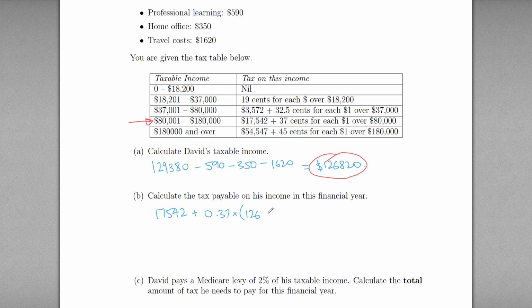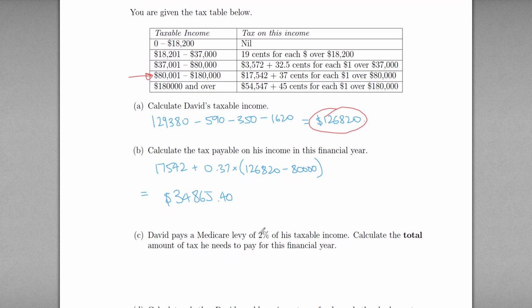We are 126,820 minus $80,000. That's how much over we are. So what's that going to be? 17542 plus 0.37 multiply 126,820 minus 80,000. So I'm getting 34865.4. Alright, that's my tax.